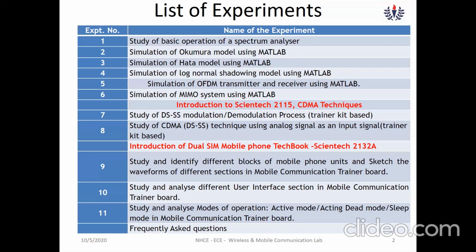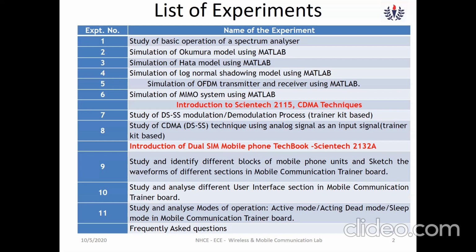The second experiment is the basic Okumura model, which is used to understand the propagation between the transmitting antenna and the receiving antenna. Using this mathematical model, we can estimate the losses which may happen during the transmission.